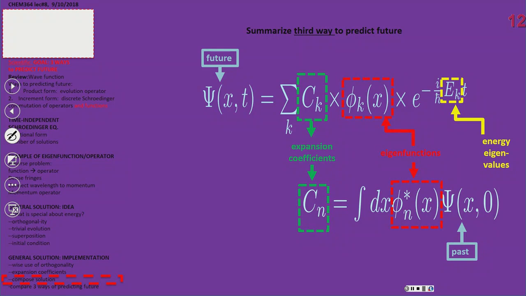So the mini goal that we pursue is to see how we can practice this protocol for an electron in free space. We will use our scientific intuition to guess the initial condition, and then we use this protocol to predict the future.